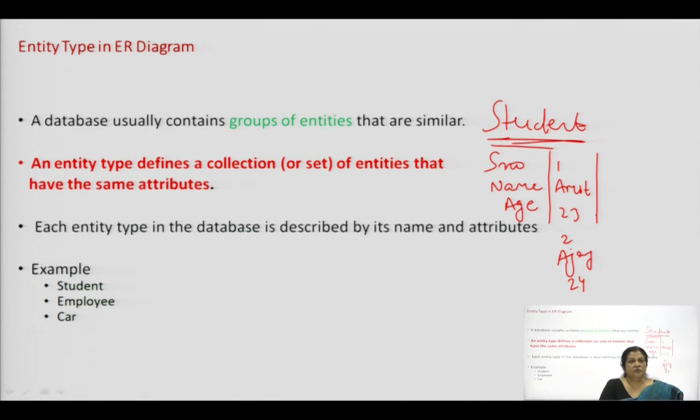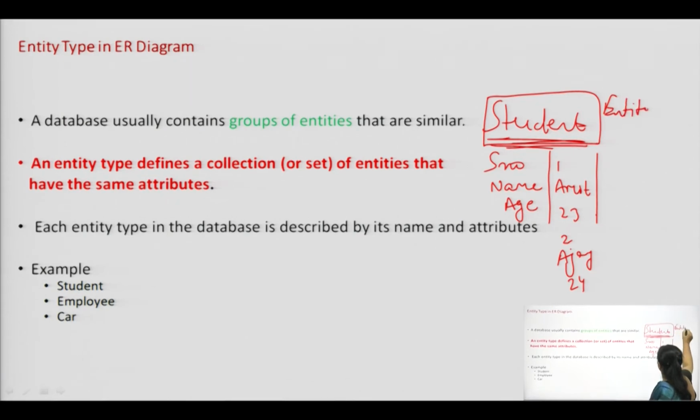So, all the students are having the same properties of interest, and hence we say that the student is an entity type and the entity is an instance of the entity type.